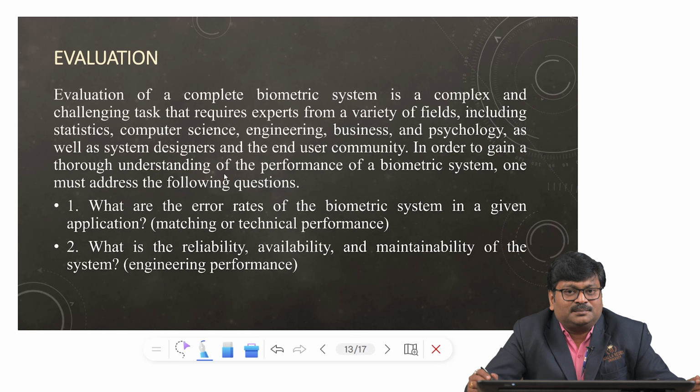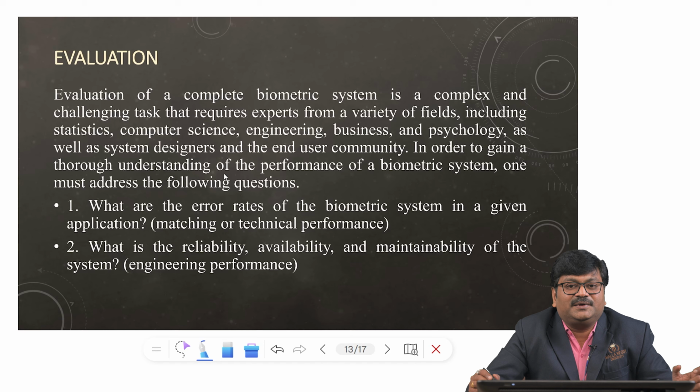To understand this concept, I'll give you one example. If a fingerprint is taken as my trait, the thumb impression, whatever I am placing on the biometric processing, will be scanned by a simple lighting system that scrolls down from top to bottom in a horizontal manner or else in a vertical manner.